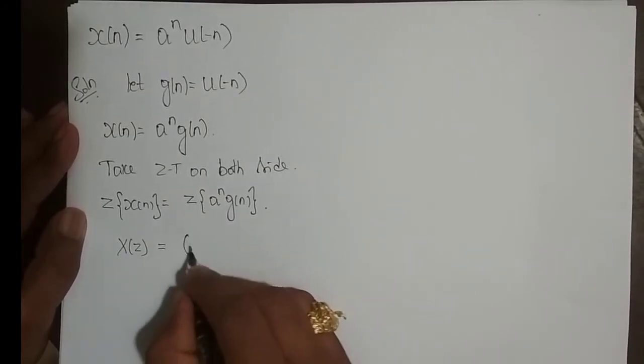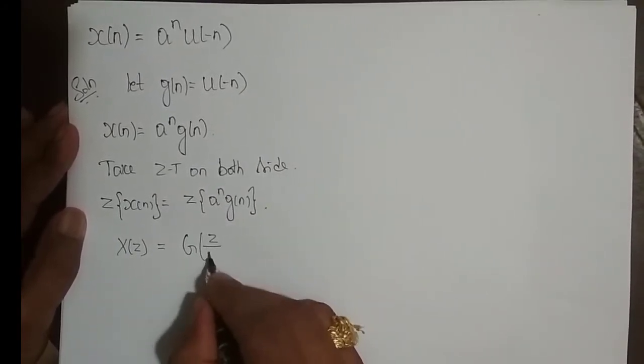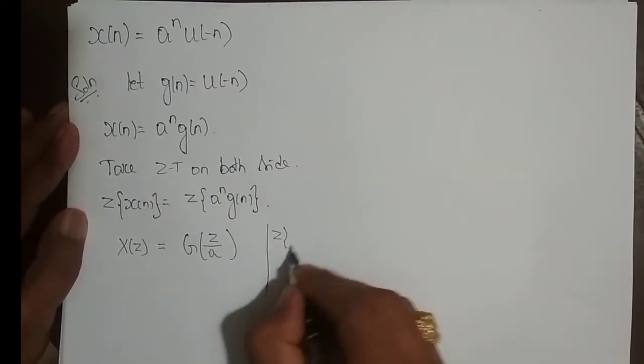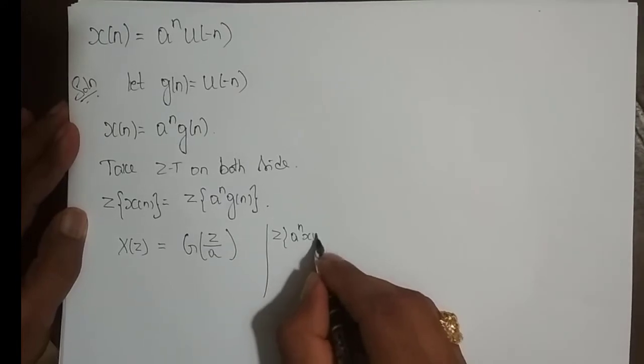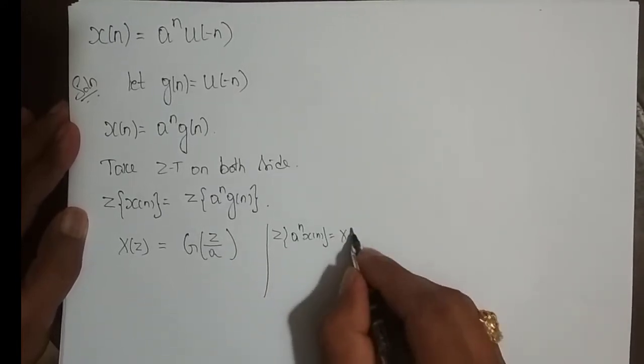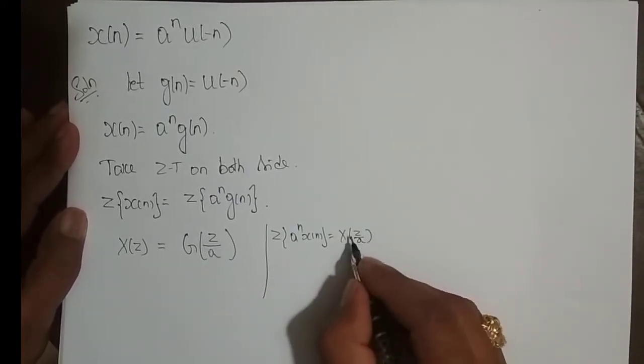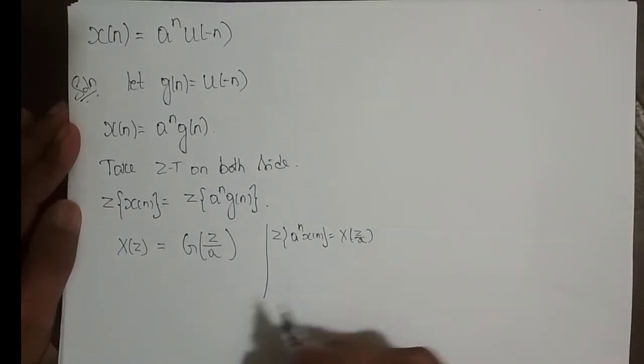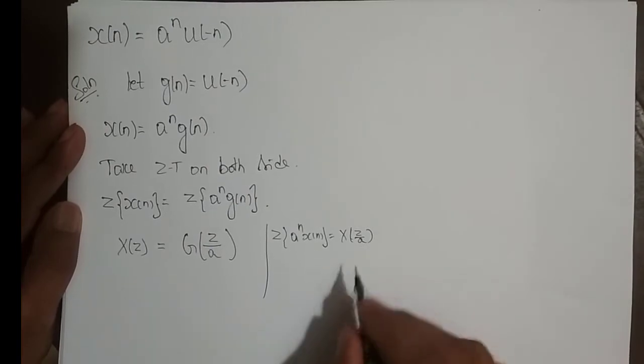It is nothing but G(z by a). It is the multiplication by exponential property, right? So the z transform of a power n x of n is equal to X(z by a). We proved it, right?